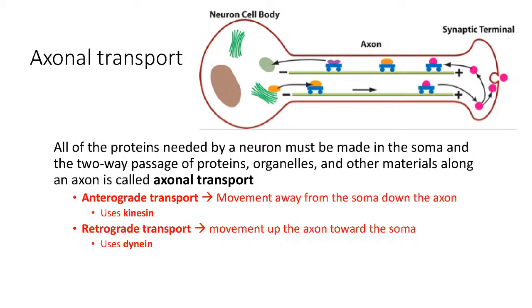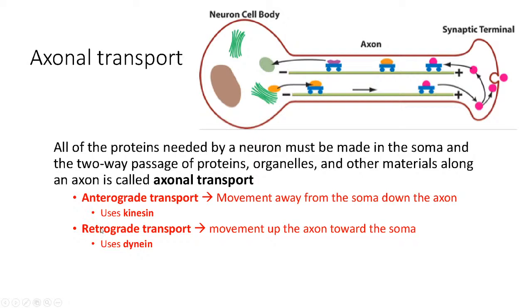All right, so there's two types of transport. We are traveling along protein fibers located in the axon, and there's anterograde transport. Ante means before or in front, and so anterograde transport is transport forward down the axon. Retrograde transport, retro is like back in the past, right?